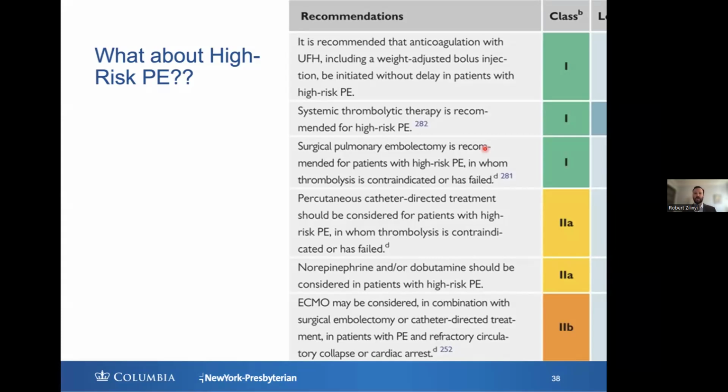And so in the high-risk patient population, we need to put patients on anticoagulation, class 1 recommendation for systemic thrombolytic therapy, surgical embolectomy recommended for patients with high-risk PE in whom thrombolysis is contraindicated or failed, and then 2A recommendation for percutaneous catheter-directed treatment should be considered with high-risk patients in whom thrombolysis is contraindicated or failed. So we have some guidance here, but we really need better data to understand what this is.